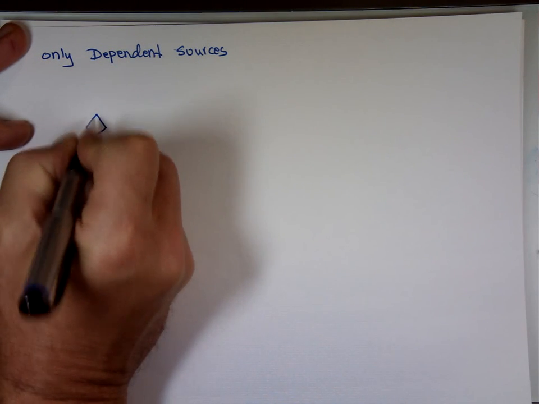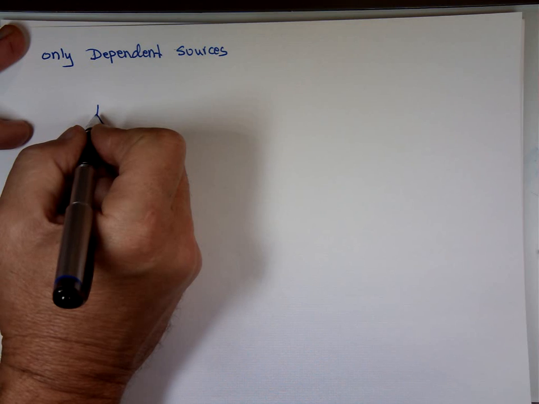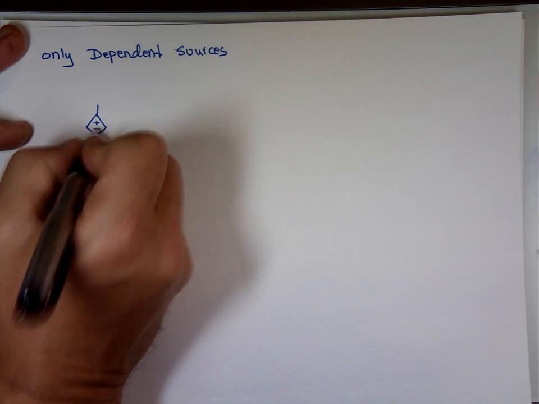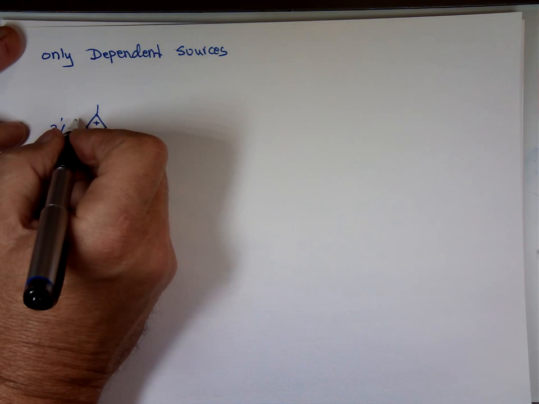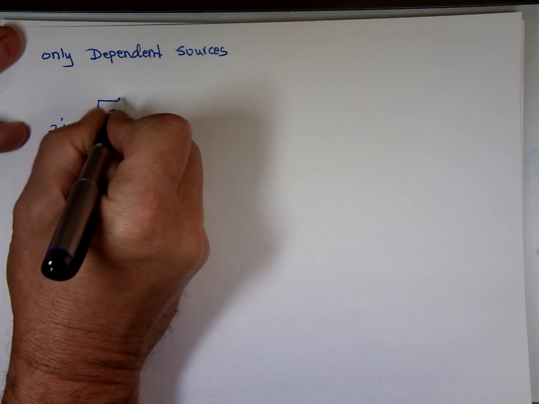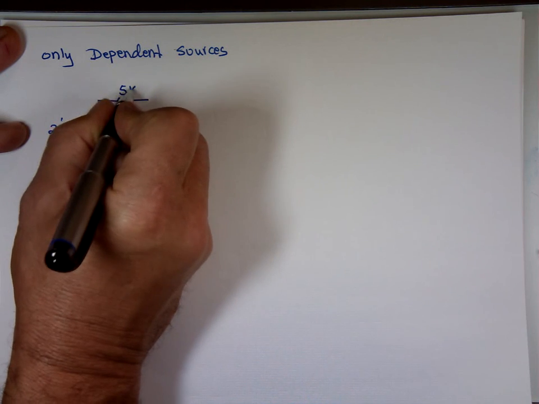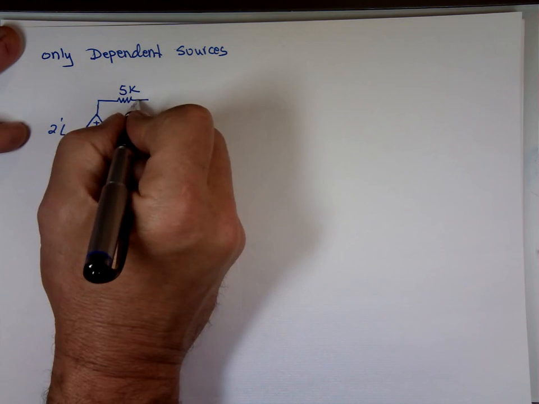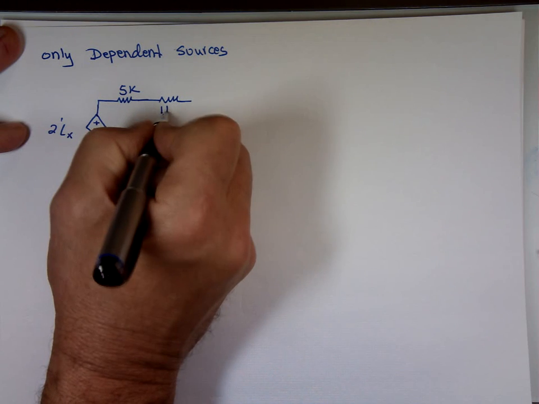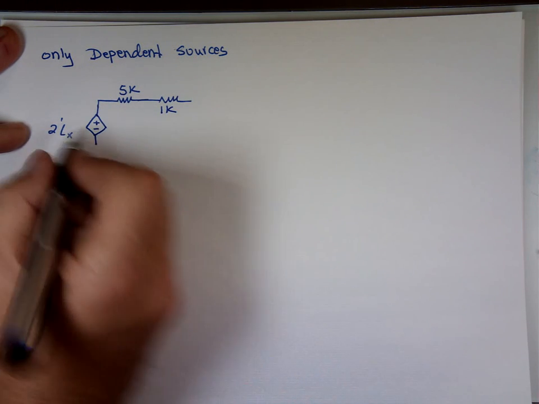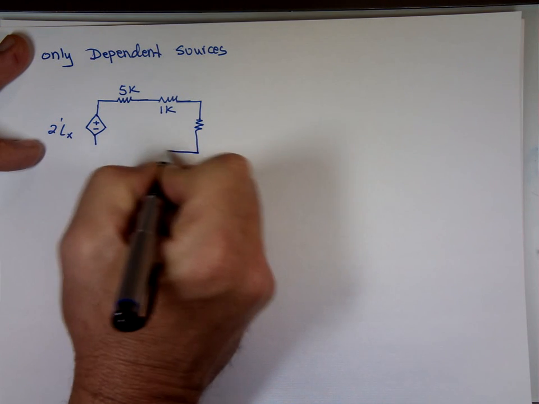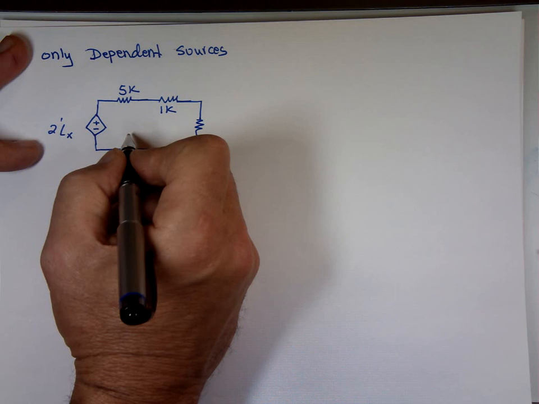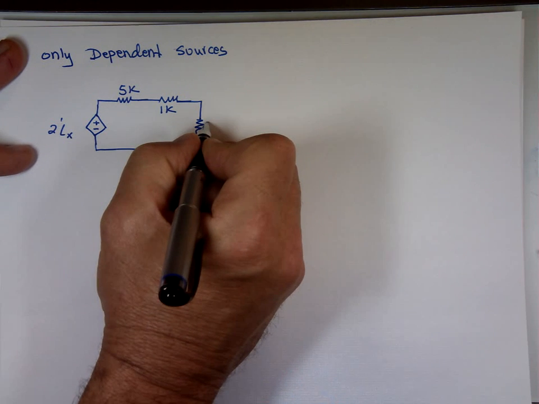We'll say plus on the top, minus on the bottom. 2 times I sub x, going through 5K, then another 1K, and 4K and 1K.